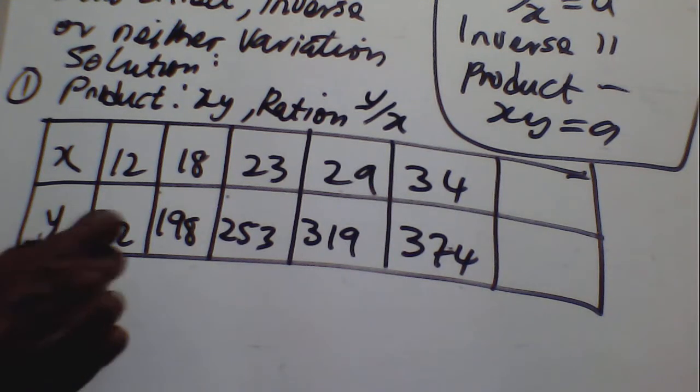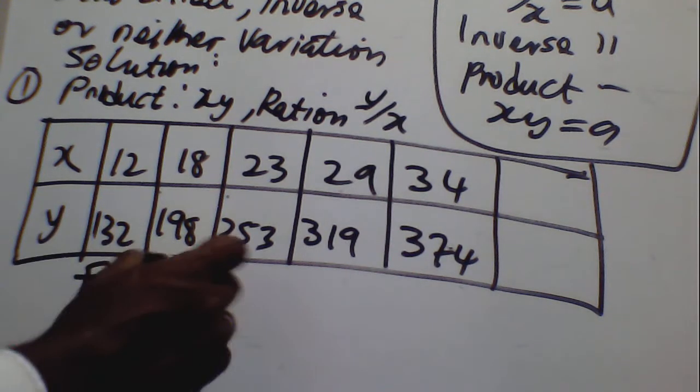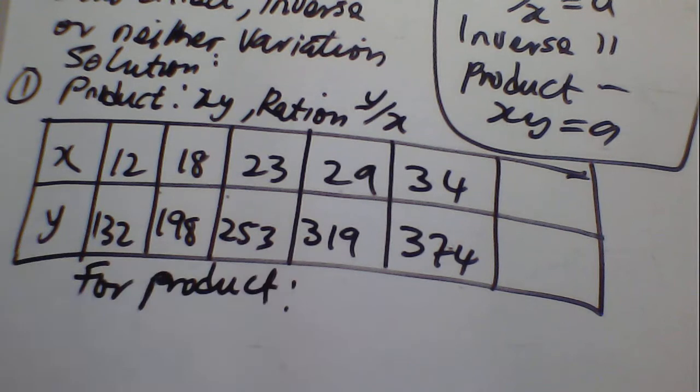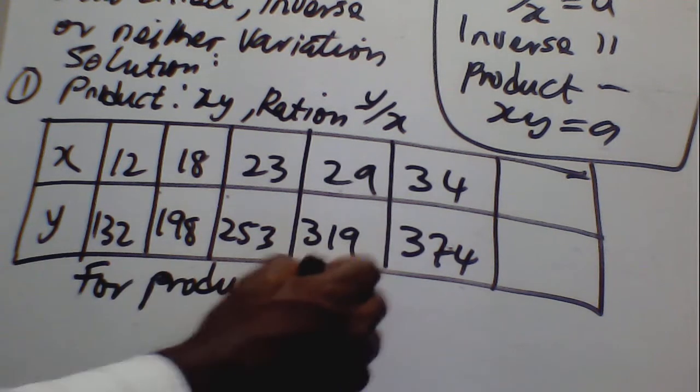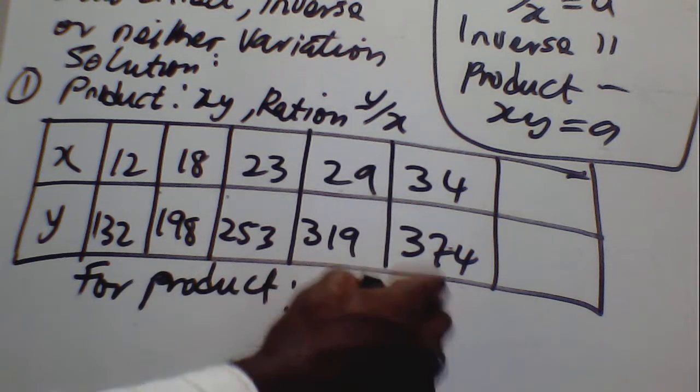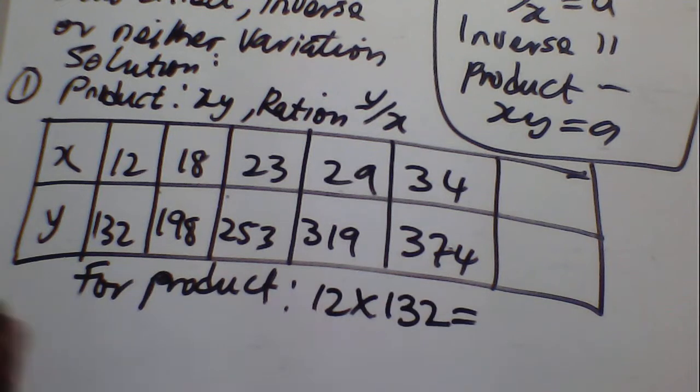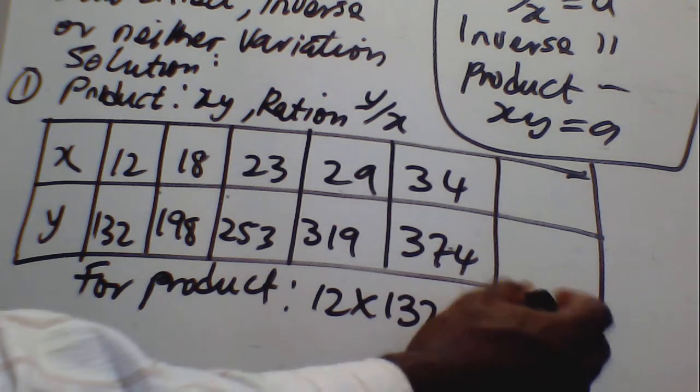So let's quickly see if this is possible. For the product, we multiply 12 times 132. Use your calculator to multiply it. That gives us 1584.